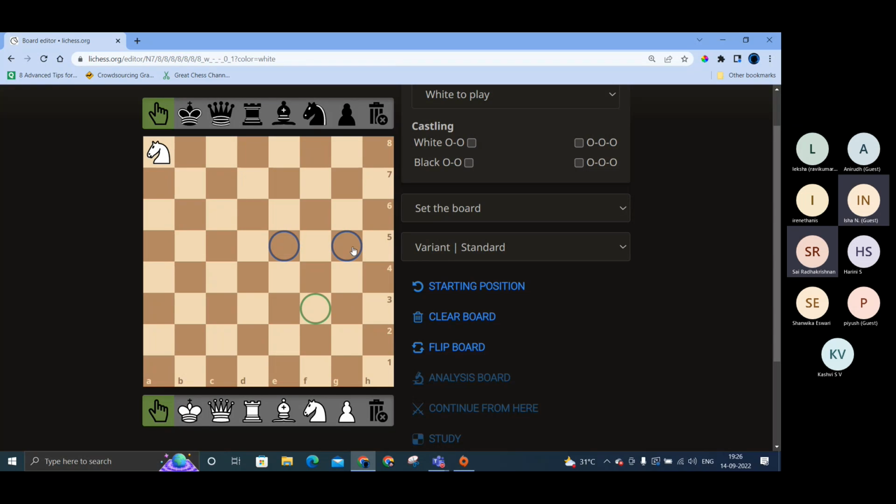Yes, ma'am. Which square? E5. Then which is the first step? The second step would be G5. Yes, very good. So this is also possible. Okay.